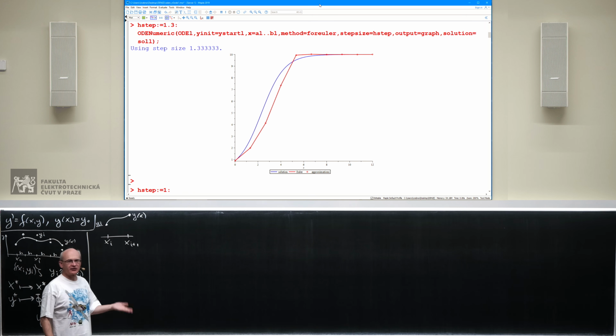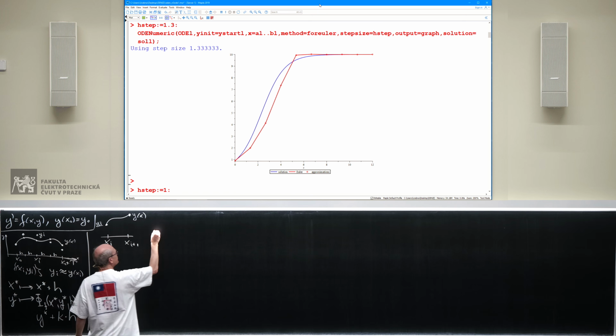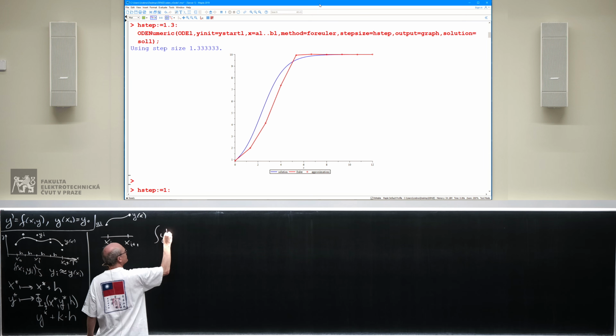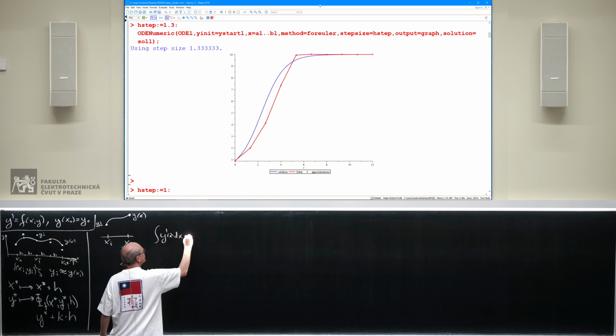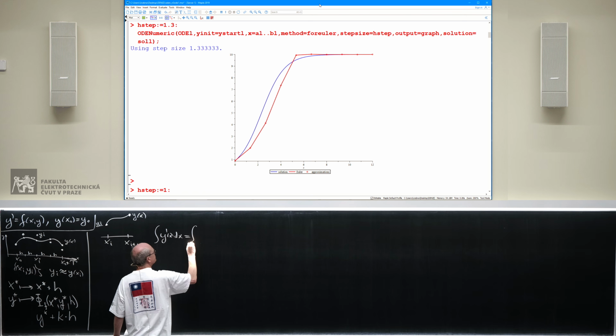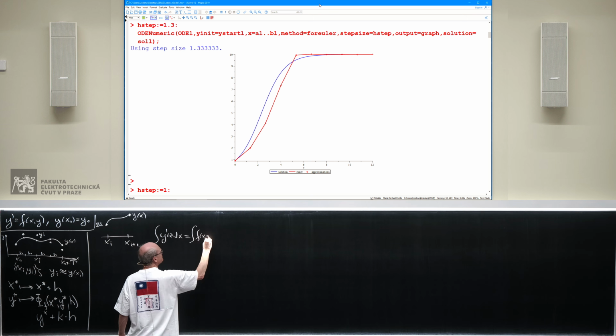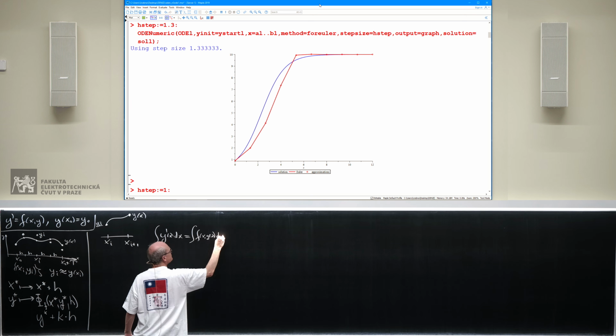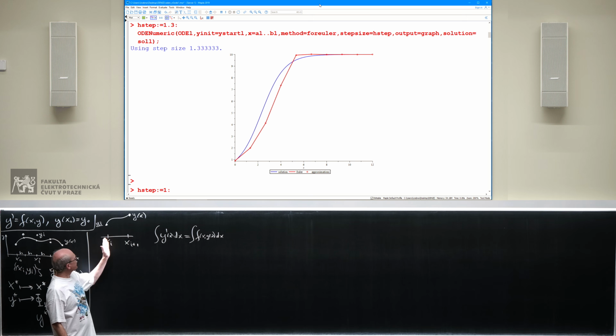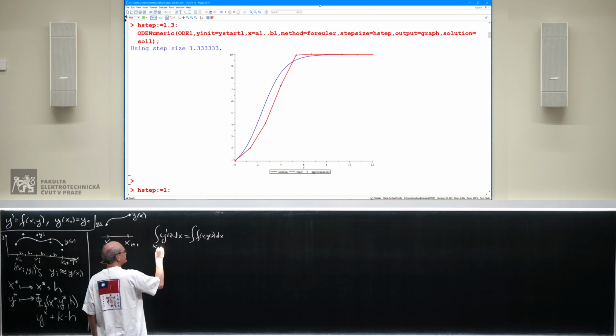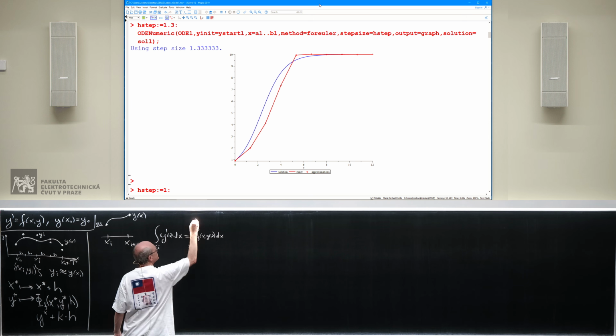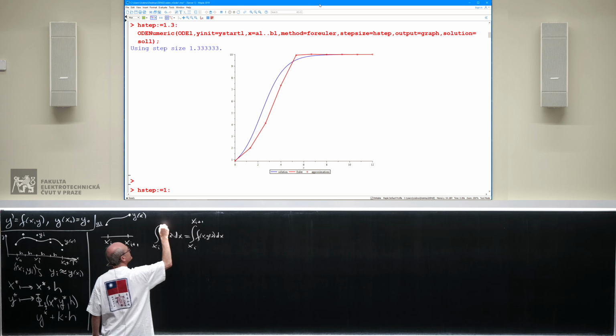So I can integrate on the left and on the right. Let's see. I integrate on the left, and I integrate on the right. And I integrate over this interval. So I'm starting at xi, and I finish at xi plus 1.